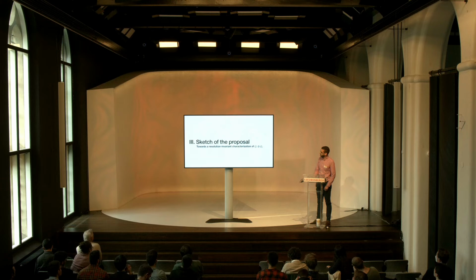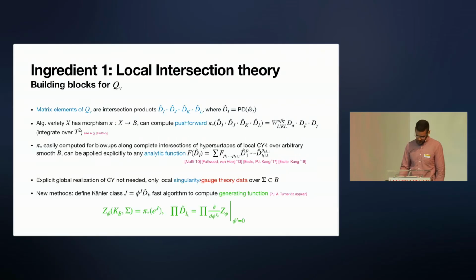Okay. So let me give a sketch of the proposal. And the proposal, again, is to find a resolution invariant characterization of this lattice pairing. So as I said, there are three ingredients. The first ingredient is what I'll call local intersection theory.